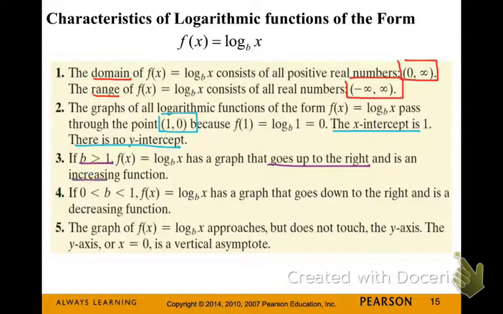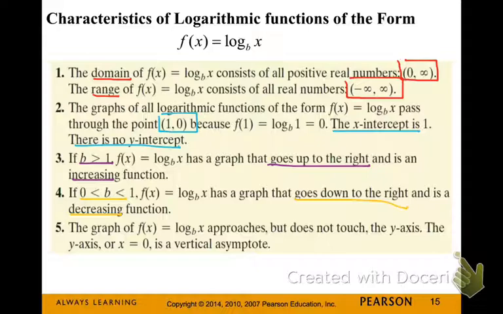Another fun part is that just like the base played a big part in the exponential function, it's the same thing here with the logarithmic function. If the base is greater than 1, then this is going to be an increasing function. We'll start at the y-axis going all the way from negative infinity and keep growing to the right.